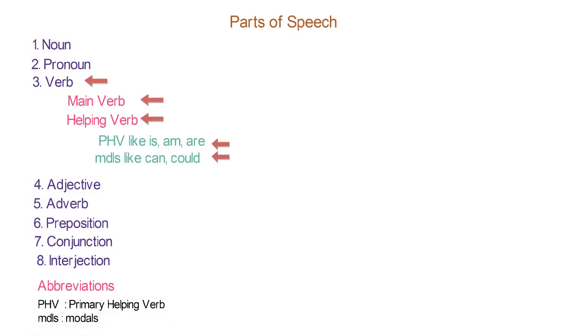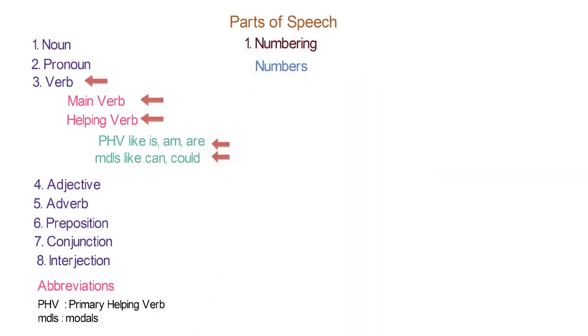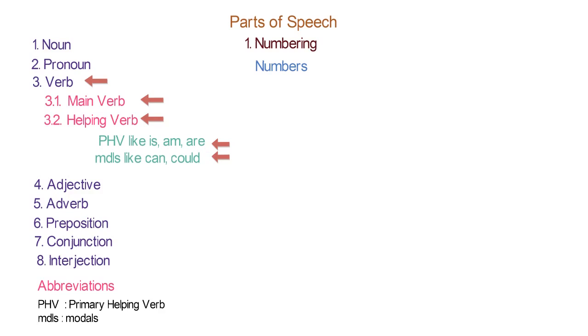Here, 3 points need to be taken care of in mind. Number 1. Numbering. Notice how we have numbered the subheading as 1, 2, 3 and so on. Then subpoints number sequence will be as per main points number. Similarly, sub-subpoints number sequence will be as per main point and subpoints number. So, in the case of verb, main verb will have 3.1 and helping verb will have 3.2.